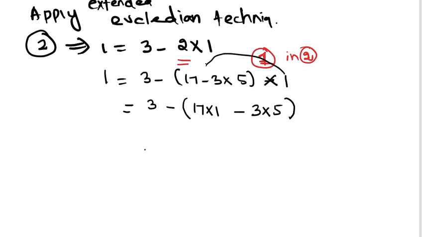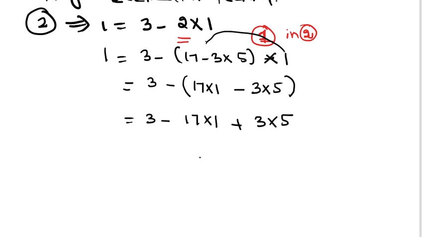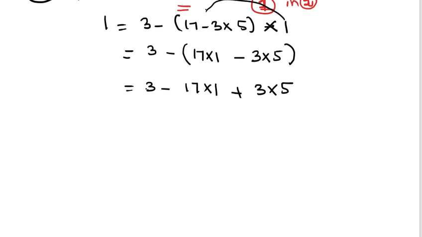Simplifying, taking this negative sign inside: 3 minus 17 times 1, and minus into minus is plus, that is 3 times 5. Now I can rearrange this as 3 times 1 minus 17 times 1 plus 3 times 5.